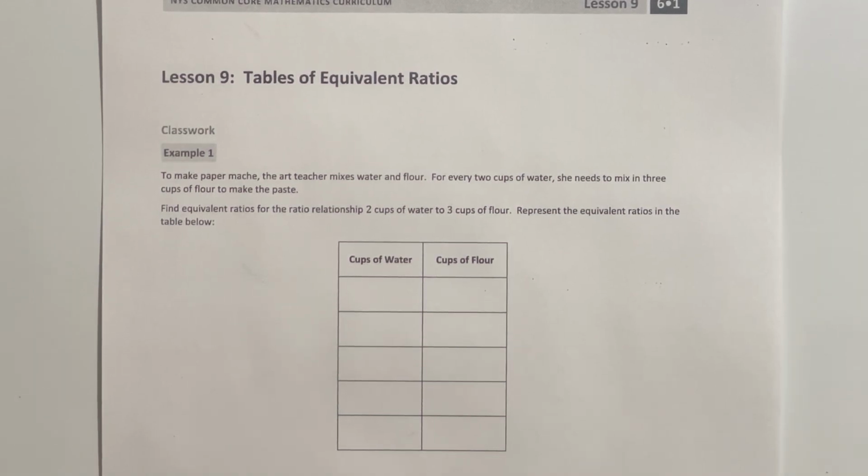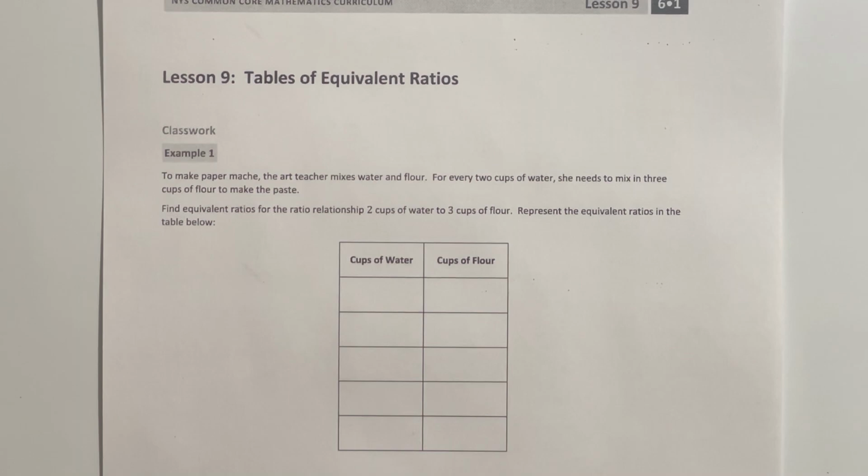We are going to work on equivalent ratios, and we've talked about equivalent ratios before, but today we're going to find the relationship with those equivalent ratios and use that relationship to continue the table. All right, so we're going to be looking for those patterns and putting those patterns together to find the equivalent ratios to complete the ratio table.